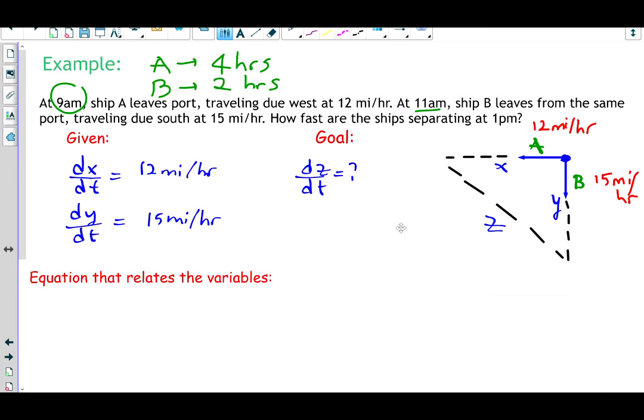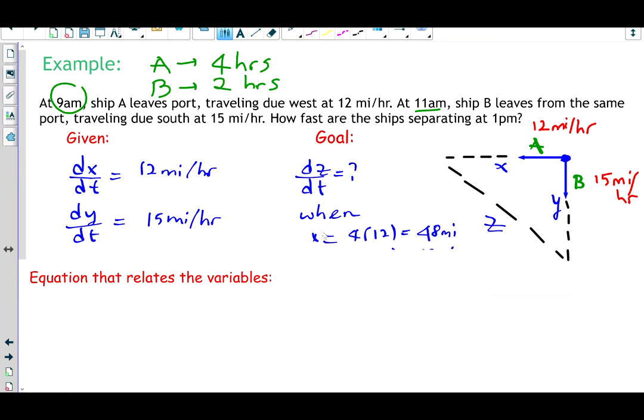At the moment when x is equal to something, y is equal to something. So this is what was not given to us explicitly, but we can figure it out. Based on the time at 1 p.m., A has traveled 4 hours. So 4 times 12 is 48. So A has traveled 48 miles.